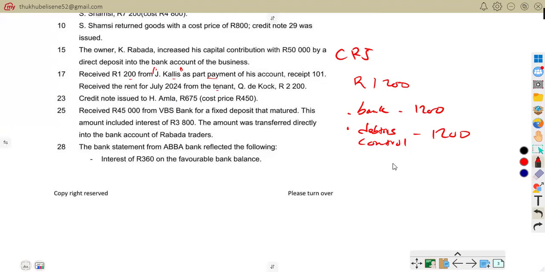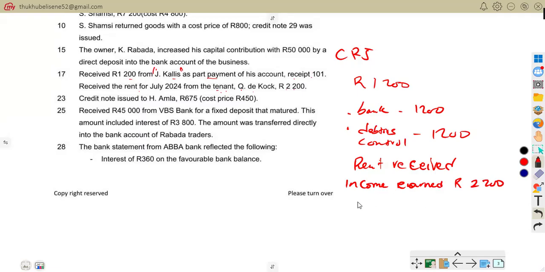Now we have another statement: 2,200, received 101, received the rent for July 2024 from the tenant. So this is for rent now. You also have a rent receipt on the very same day, which is income, of 2,200.